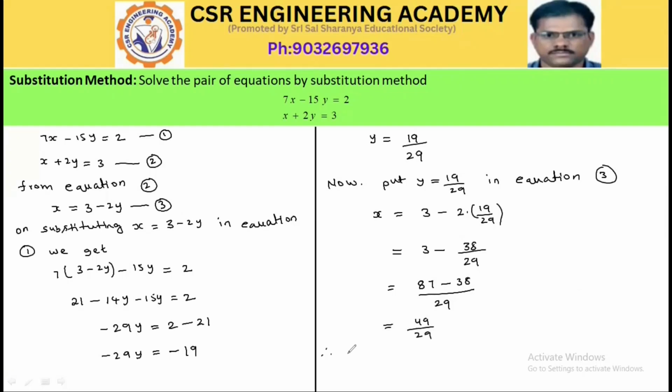Therefore, the required solution is x is equal to 49 by 29 and y is equal to 19 divided by 29.